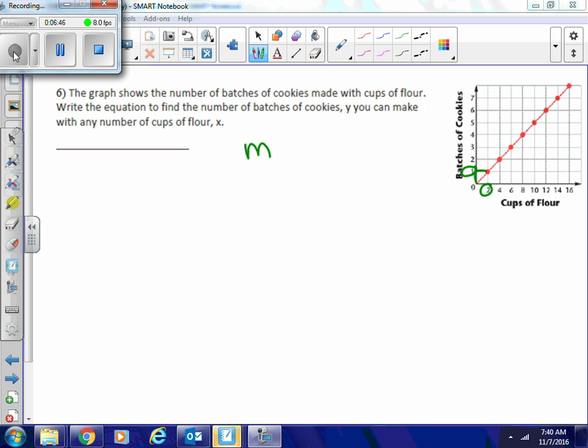So our slope is equal to 1 over 2. Our y-intercept is an obvious 0. So here's our equation. Y equals 1/2 x. And that just means we can make a half a batch of cookies per cup of flour.